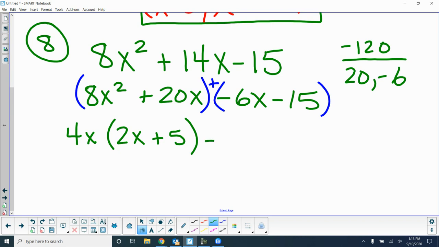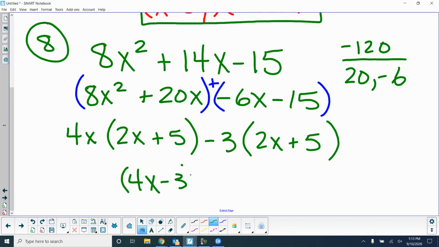Since that's negative, you pull that out, and the 3? No. Divide, remember? Yeah, 1. 2. Don't forget. Correct. And the 5. Good. So Carter, what's my answer? 4x minus 3, 2x plus 5. Good. Again, it doesn't matter which one you write first. Just one of those, one of those.